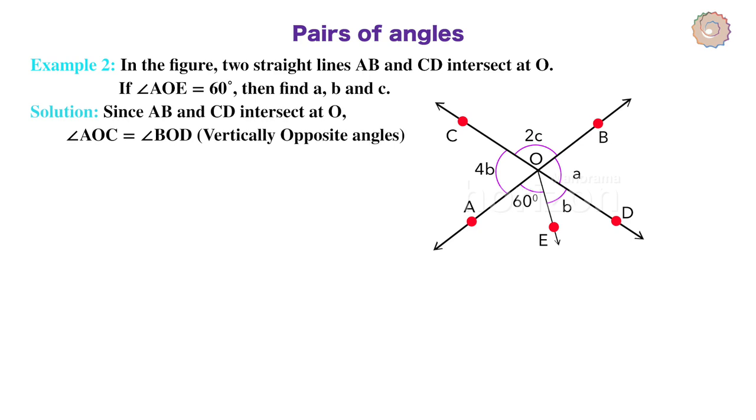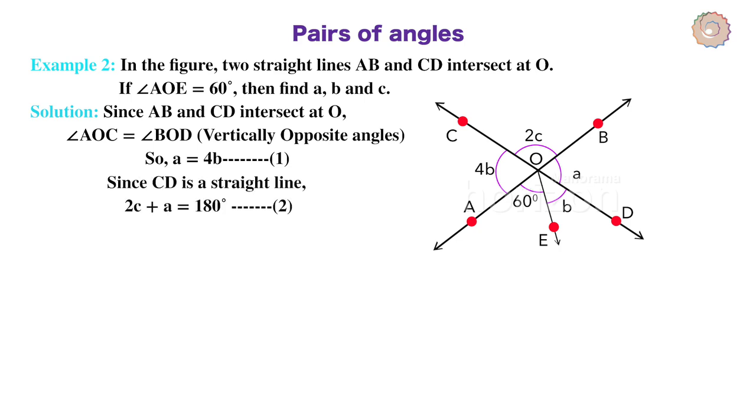Since AB and CD intersect at O, the vertically opposite angles, angle AOC and angle BOD, are equal. So, A equals 4B. Let's consider this as equation 1. Since CD is a straight line, 2C plus A equals 180 degrees, which is equation 2.